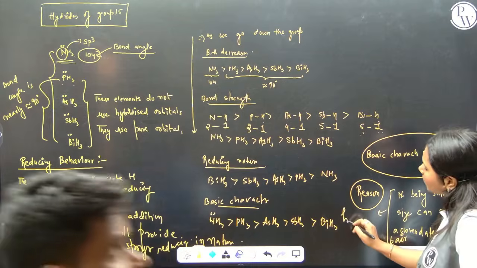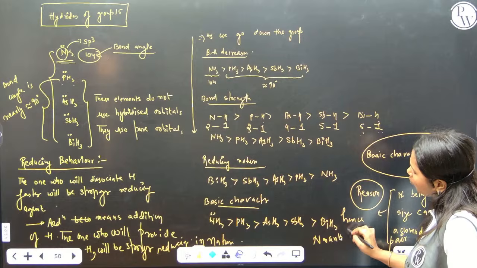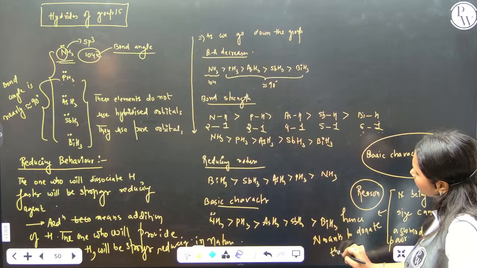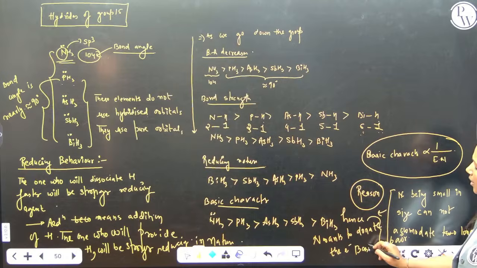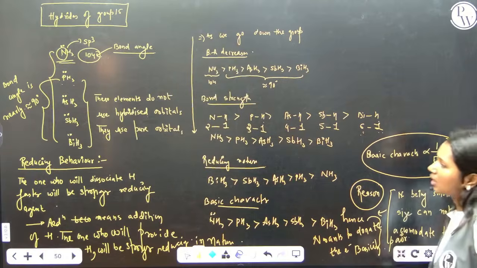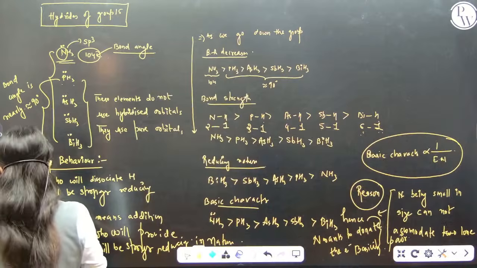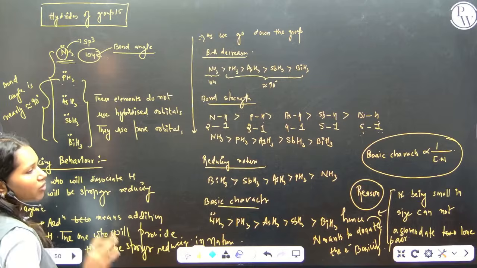Hence nitrogen wants to donate the electron, and that donating tendency is called basicity. So this order you can follow for all the groups, not only for nitrogen.